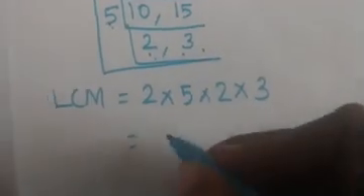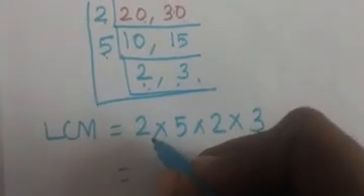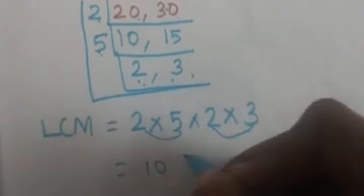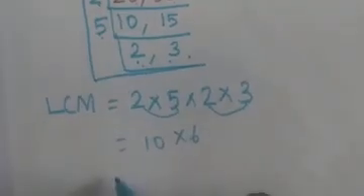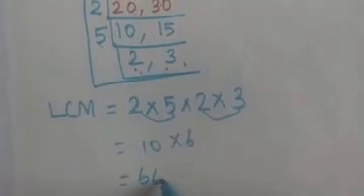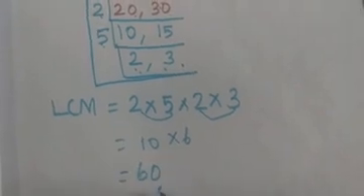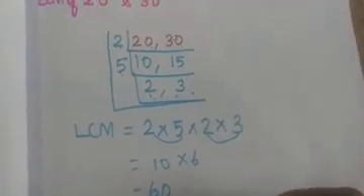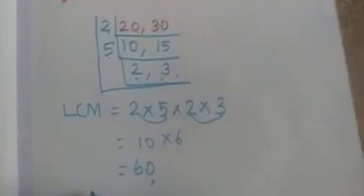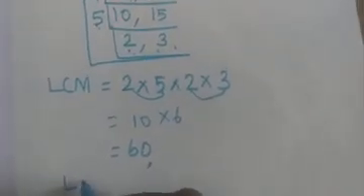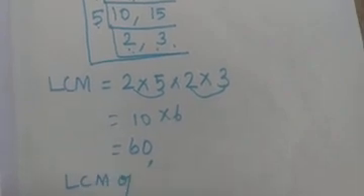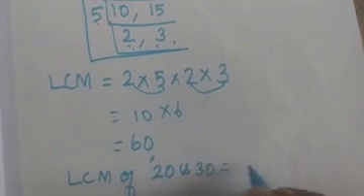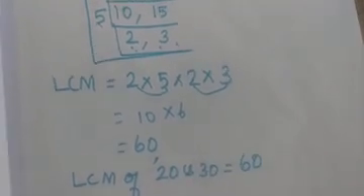Now what you have to do, you have to multiply. What do you get? 2 5s are 10, 2 3s are 6. So what's the product we get? 60. So LCM of 20 and 30 is equal to 60.